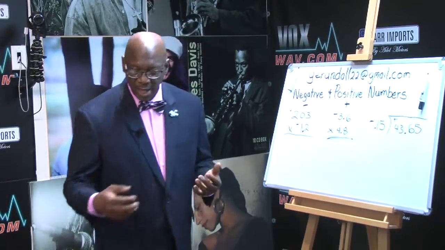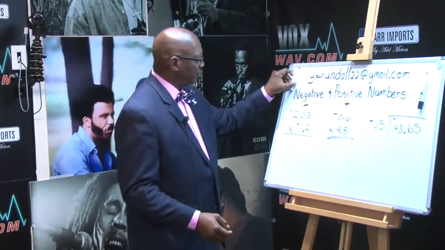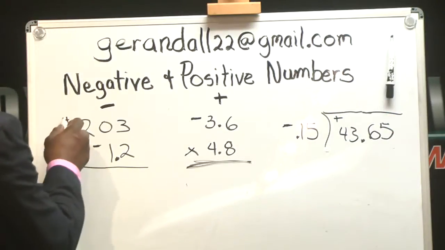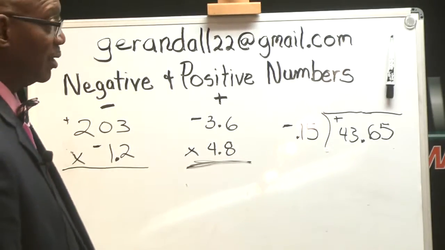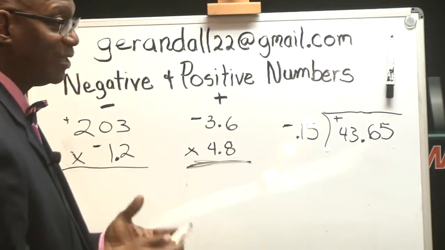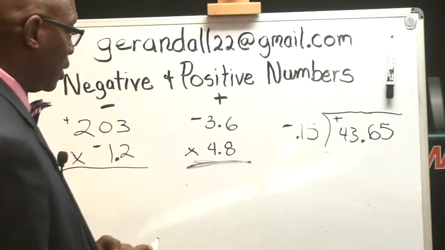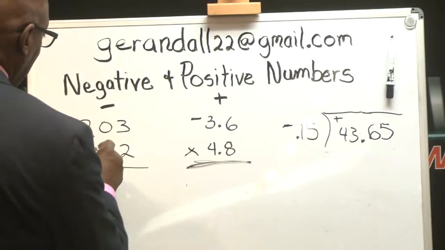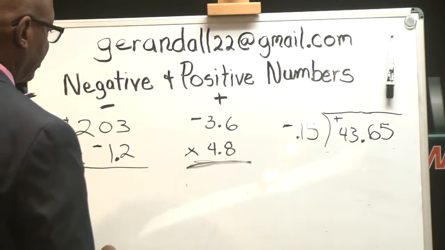Okay. And again, I took that same problem that we started with, and I added a positive sign and a negative sign. So as you can already see, the multiplication portion of this will be the same. But again, we have to remember those rules. In this case, we're multiplying a negative by a positive.